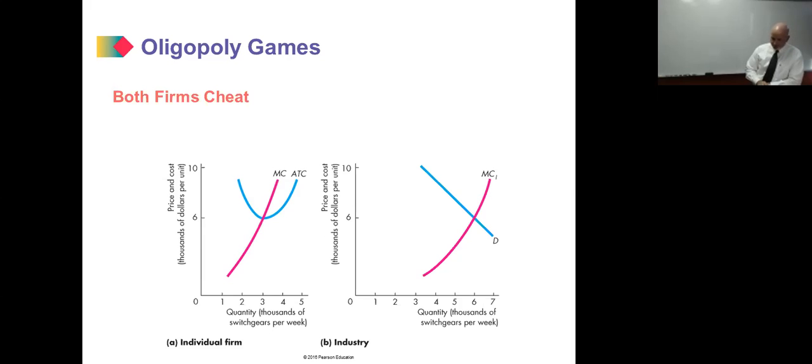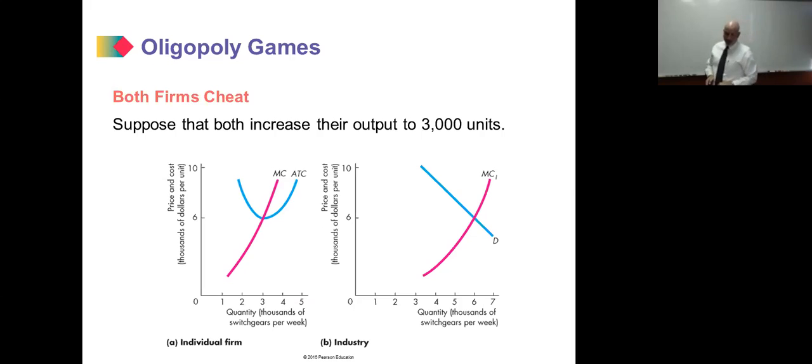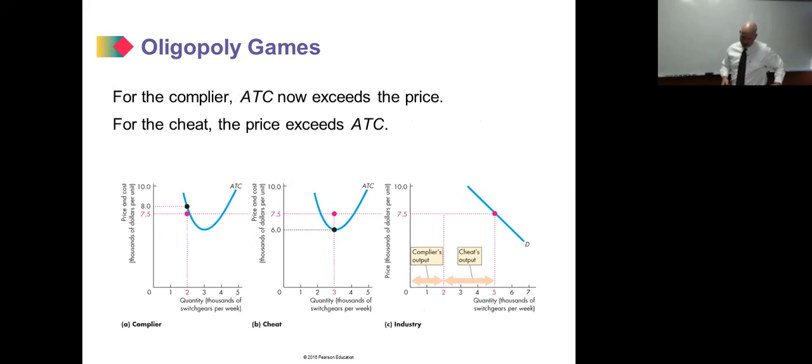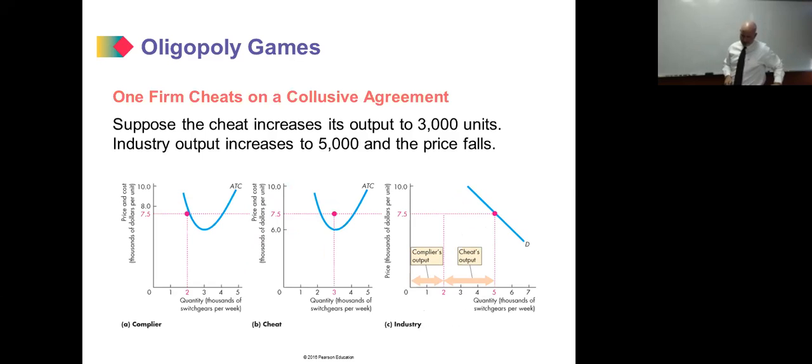Let's see what happens. Suppose now that both increased their output to 3,000 units. Whereas before, if we go back to this example of when one cheated, right here we've got one cheating and increasing output to 3,000.